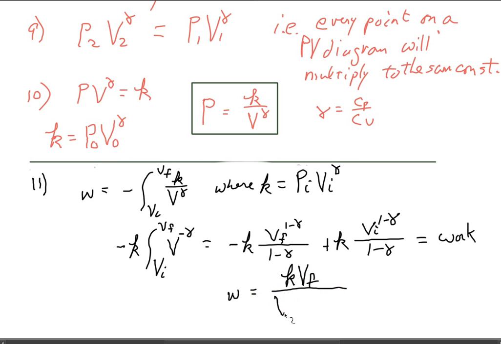And this becomes V final to the gamma times gamma minus 1 minus K, and this one's going to be V initial over V initial to the gamma minus 1. So that explains how that is done, and we'll move on.